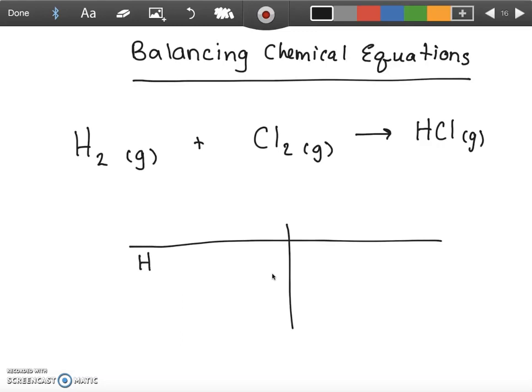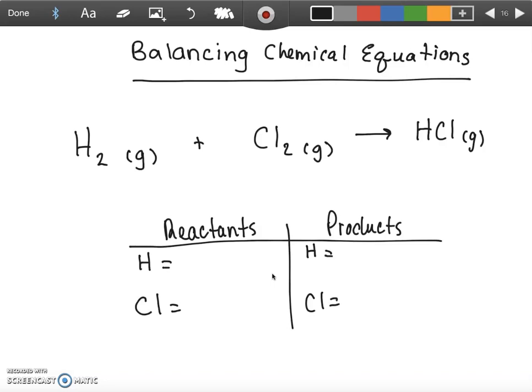We have H's on the reactant side and chlorines on the reactant side. And if we have H's and Cl's on one side, then that's going to be the same on the other side. Okay, so these are reactants and products. And now we're going to go through and count the number of atoms we have on each side.